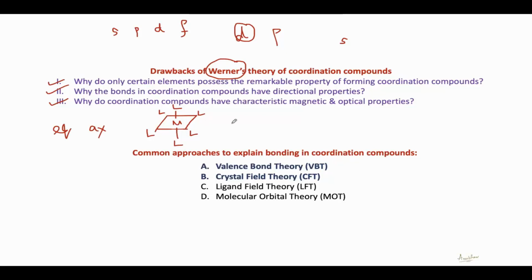We can also think of a basic compound, the PF5 molecule. PF5 is a trigonal bipyramid, a TBP structure.